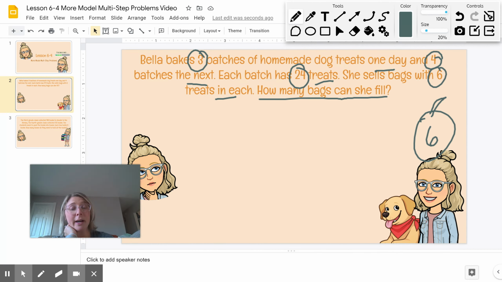Let's use a variable t for treats. When we write a variable t, you want to make a little loop there, because if you don't, it just looks like a plus sign. Okay. So we have to figure out how many treats she makes.